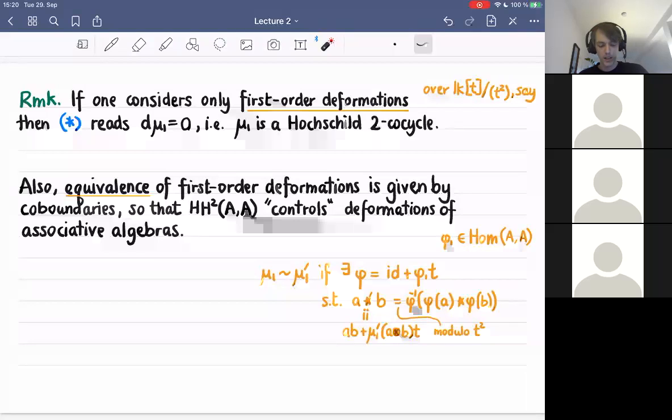And then there's also the notion of equivalence of deformations.